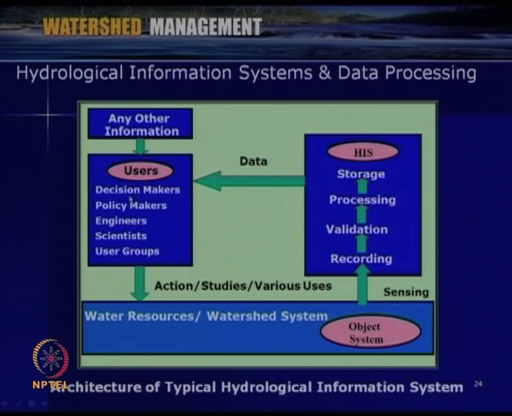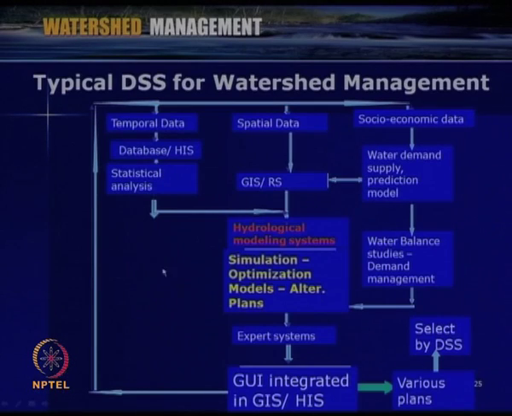Then the users like decision makers can use it, policy makers, engineers, scientists, user groups. So, various users can utilize it. So, that way we can develop the systems. So, now here in this slide, a typical decision support system related to watershed management is shown. So, as I mentioned, the temporal data, then spatial data, then socio-economic data.